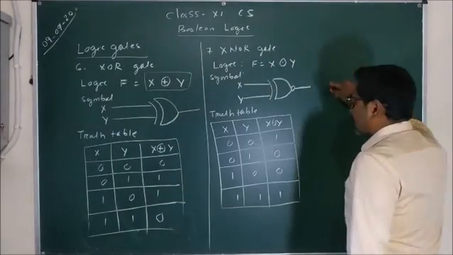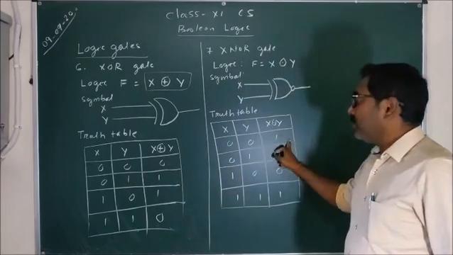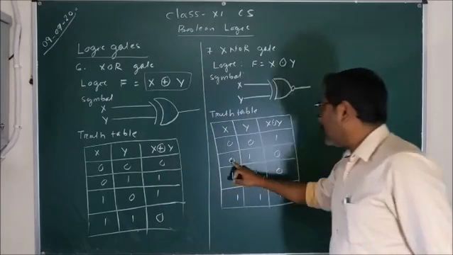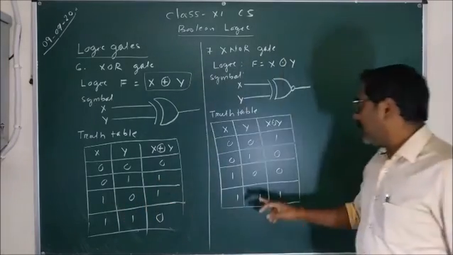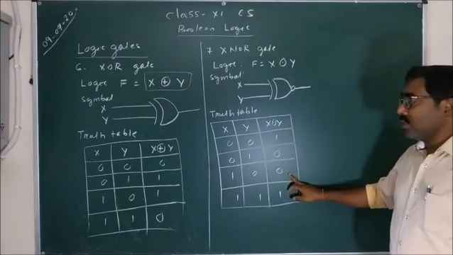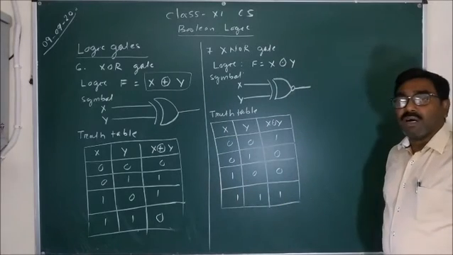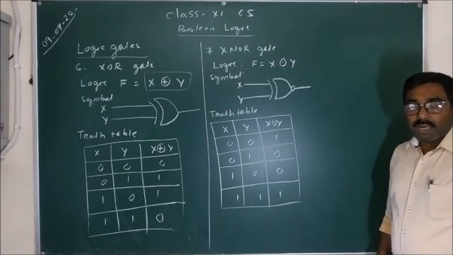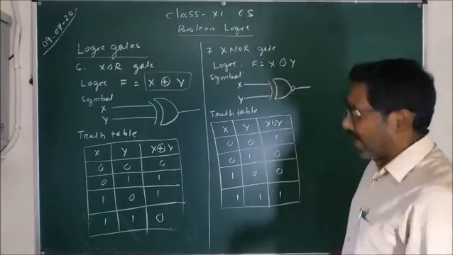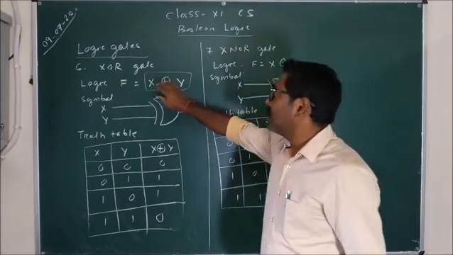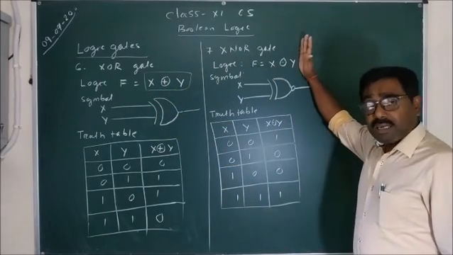Now what happens if you go for the truth table? See, we'll have the exactly opposite here: 0 0 gives 1, 0 1 gives 0, 1 0 gives 0, and 1 1 gives 1. Okay, so for solving this, as there is a different logic for this particular symbol, the same thing happened with the XNOR gate.